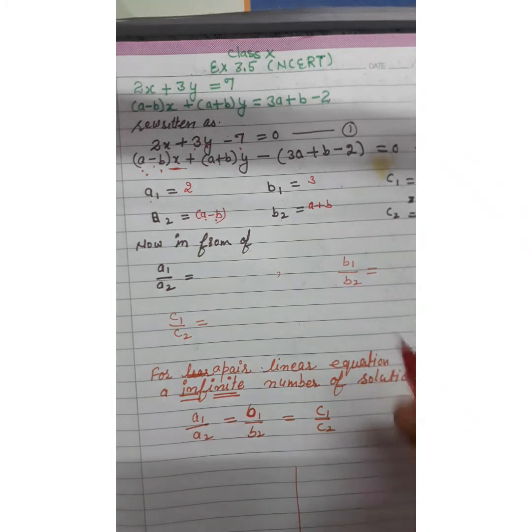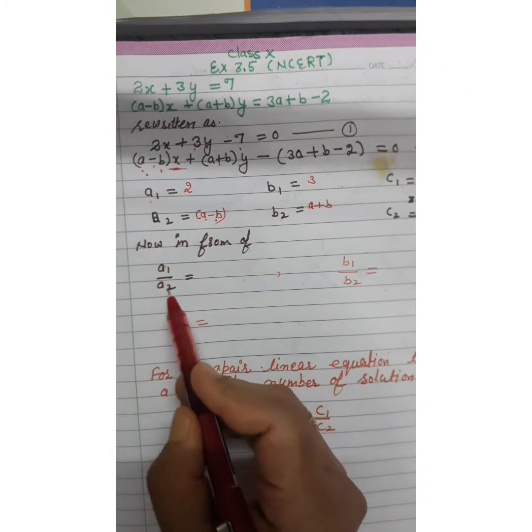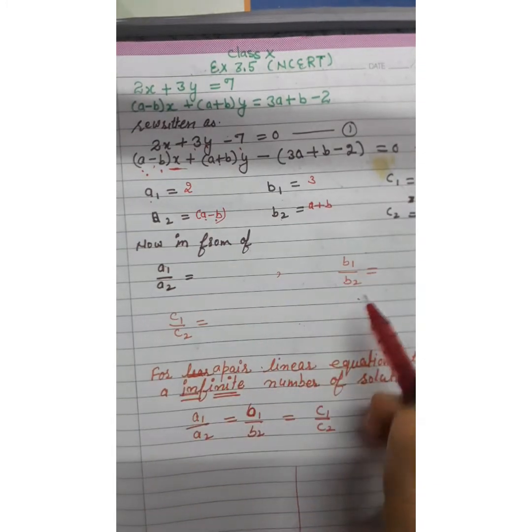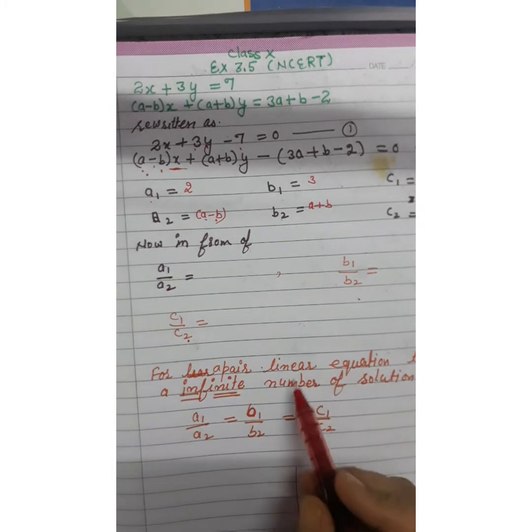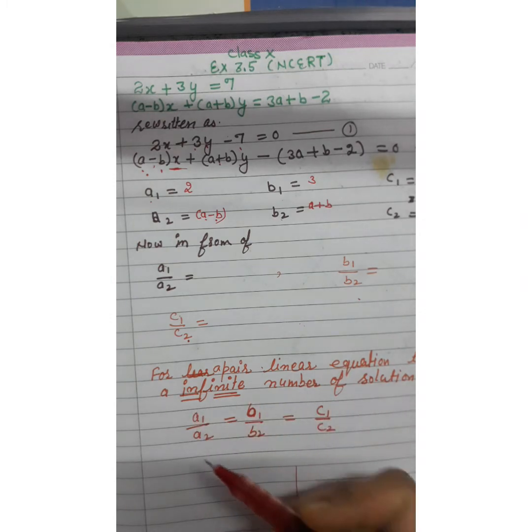After that we will write in this form a1 upon a2, b1 upon b2 and c1 upon c2, because we will find a pair of linear equations having infinitely many solutions.